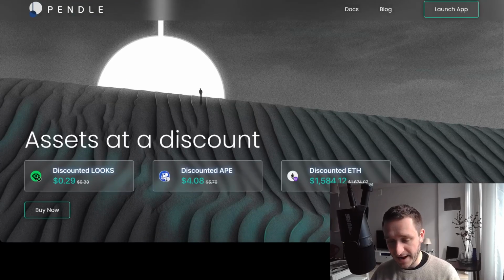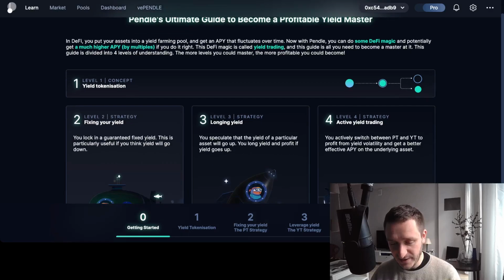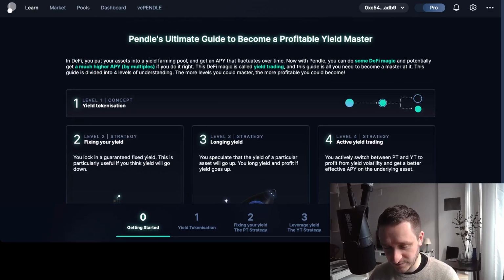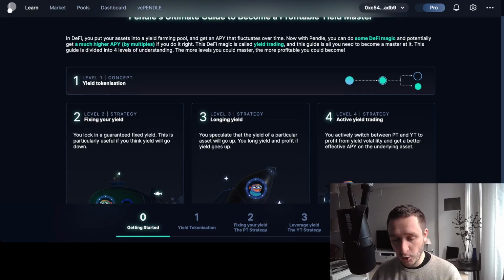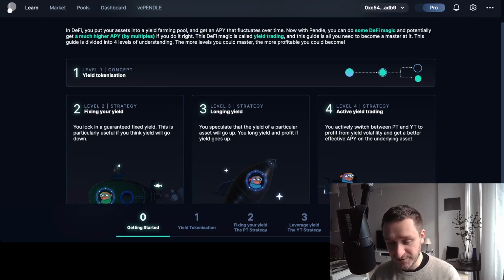If you enter the app and click on learn, you will have Pendle's ultimate guide to become a profitable yield master, and it's really worth going through this tutorial, because this is some DeFi magic, and understanding that will really give you new concepts about how you can use DeFi to your benefit.